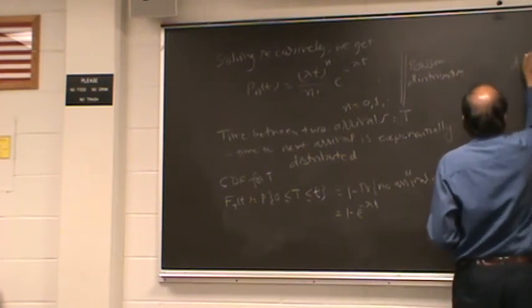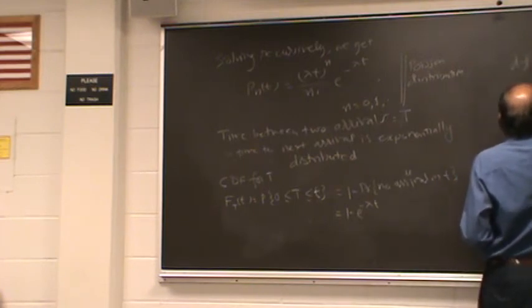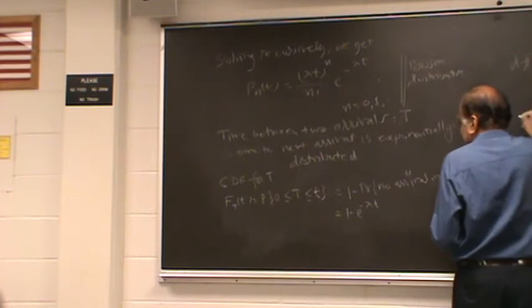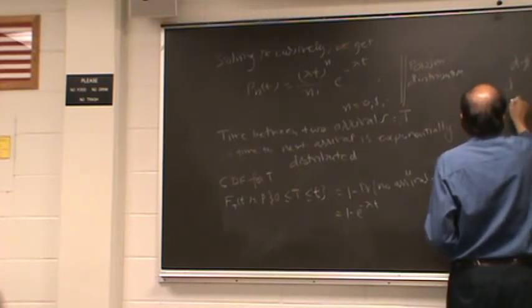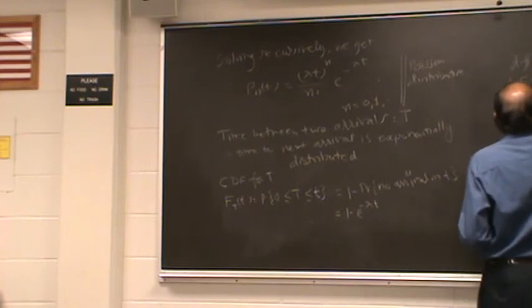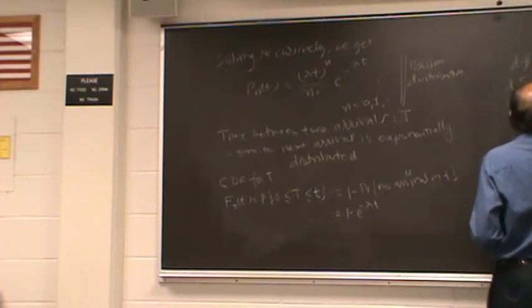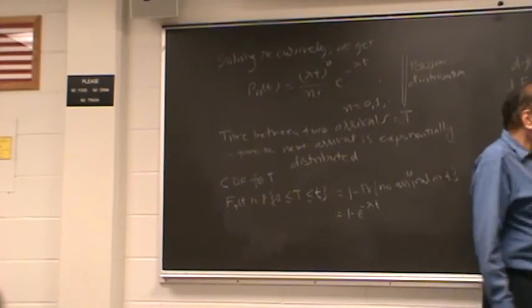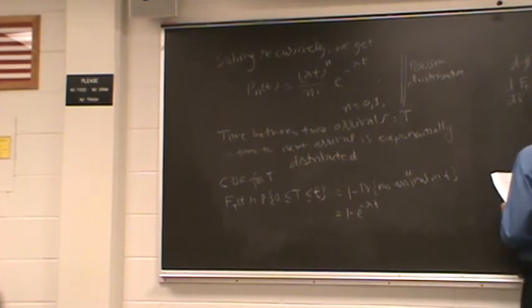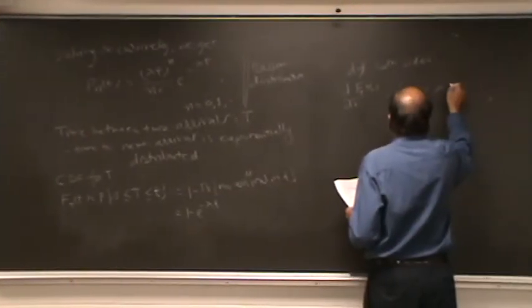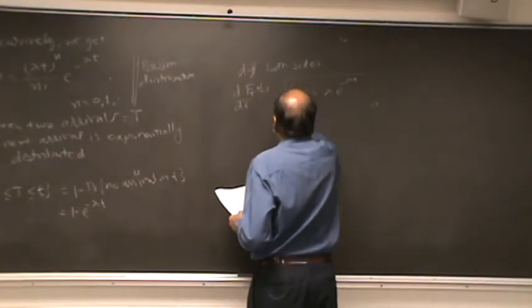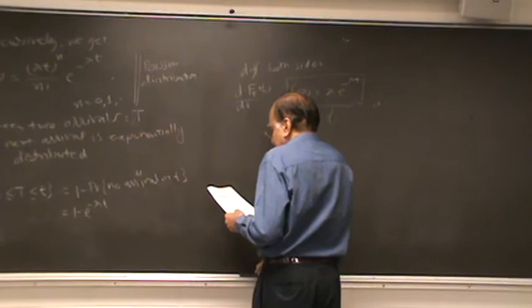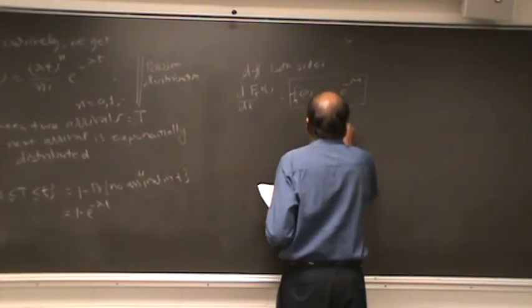So differentiating both sides, we get the derivative of this, which is equal to the density function of this. Sometimes I will drop this t because it will be clear which random variable we are talking about, and that will turn out to be lambda multiplied by e raised to minus lambda t. And this, as you see, is your exponential distribution.